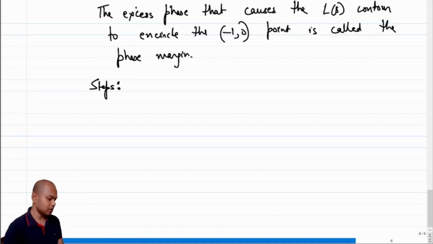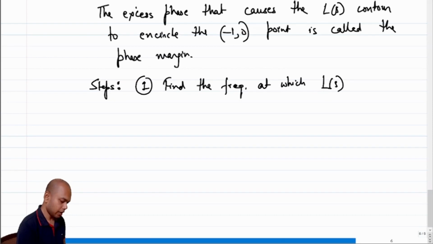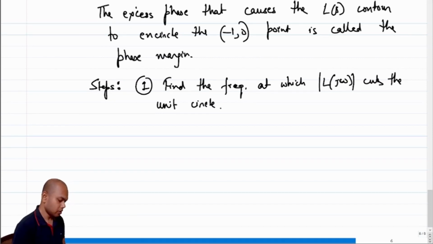Number one, find the frequency at which mod of L of j omega cuts the unit circle, right? Okay. So in other words, find omega u.